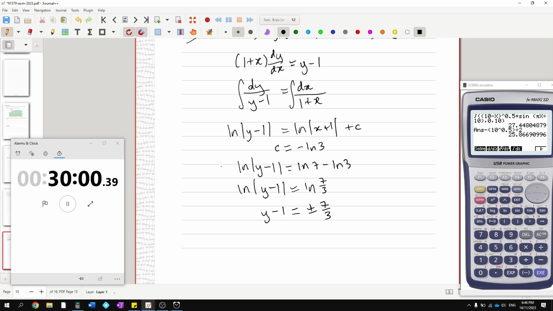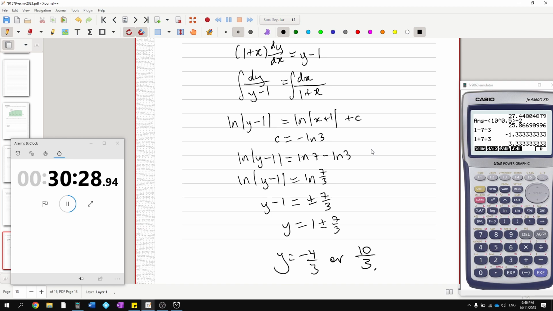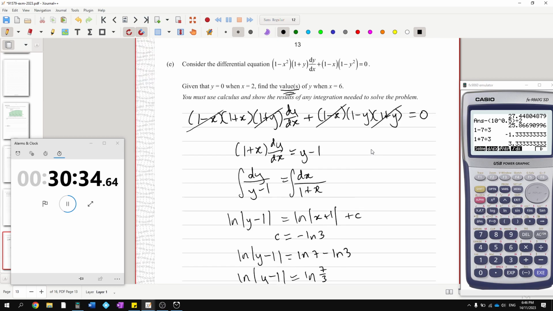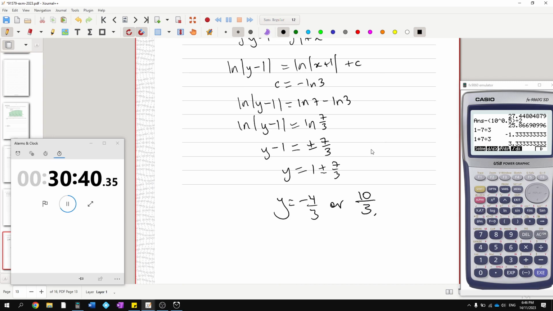So y minus 1 equals plus or minus 7 over 3, y equals 1 plus or minus 7 over 3. Does that make sense? That is a weird one. Alright, anyway, I'm going to call that correct.